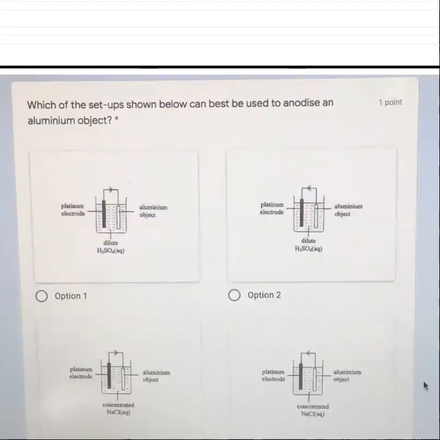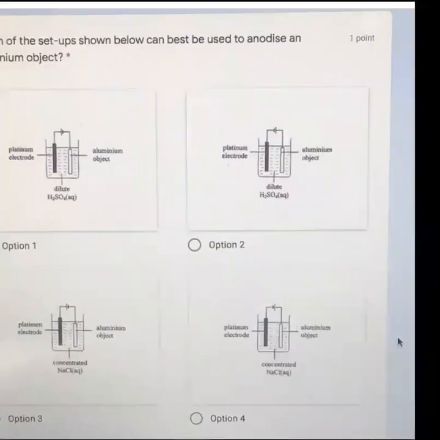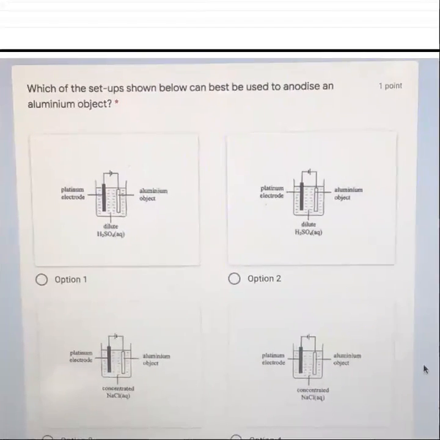You can refer back to your Unit 13 notes. For anodizing an aluminium object, the purpose of this reaction is to thicken the aluminium oxide layer. So we want to turn aluminium into aluminium ion. That's the purpose of doing anodization.